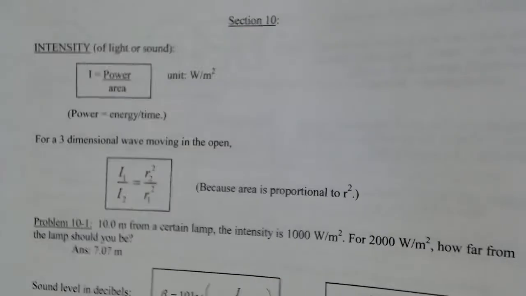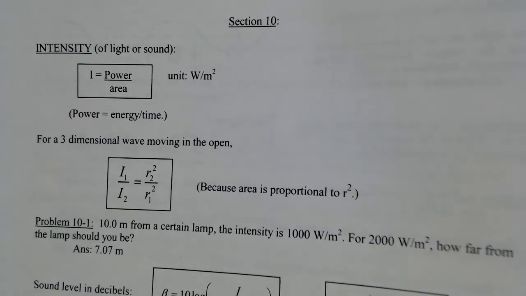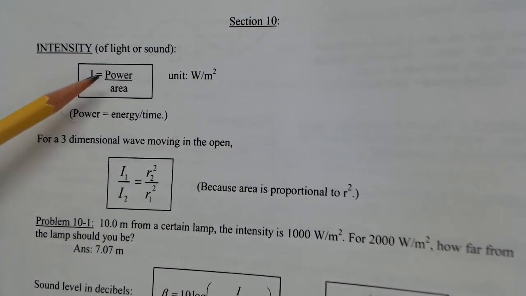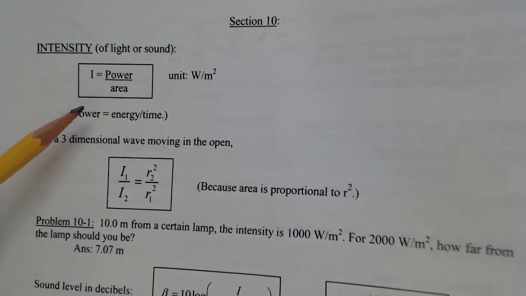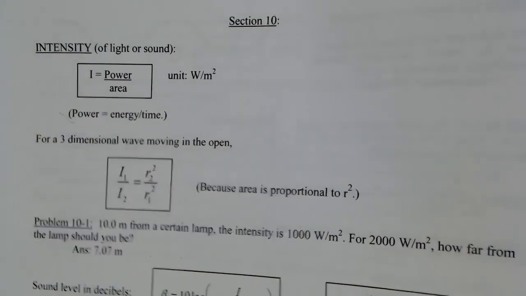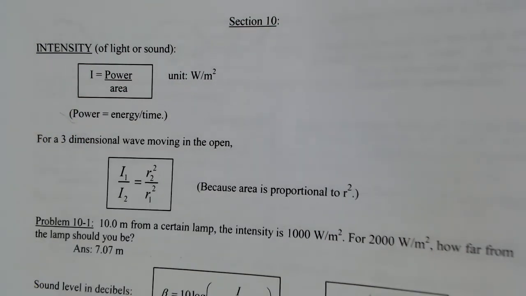Okay, the intensity of the wave is defined as the power per unit area, where power, that's something that first got introduced in Physics 121, actually. Like it says underneath here, power is the rate that energy is being carried, the energy per unit time. A joule per second is a watt.